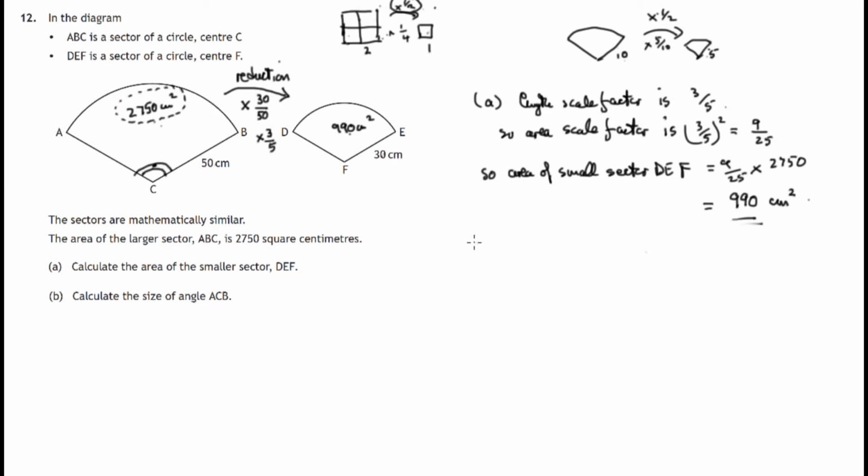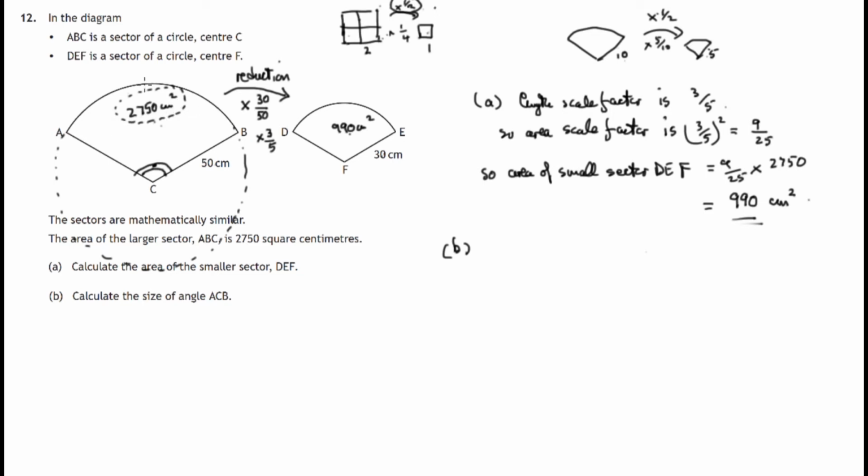So, moving on to part B. Let's forget about the small circle. This is all concerned with this large sector and the area 2750 square centimetres. Because we're asked to calculate the angle at the centre. And thinking of the whole circle, we're looking at 2750 square centimetres.